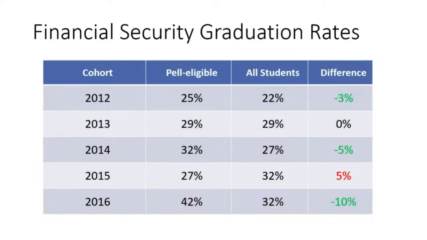So one of the other things from the study is looking at financial security and graduation rates, specifically comparing our students who are considered Pell eligible versus all of our students. And as you can see here, Pell eligible students tend to have higher graduation rates than our non-Pell eligible students.